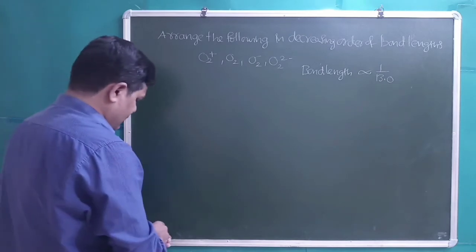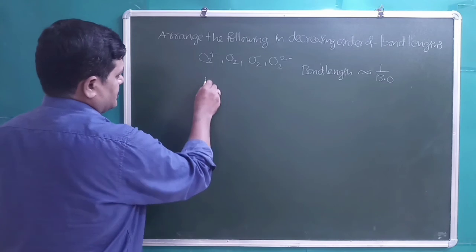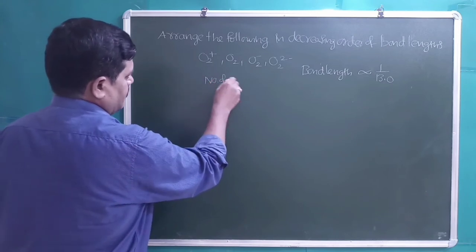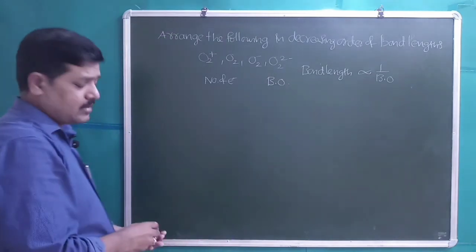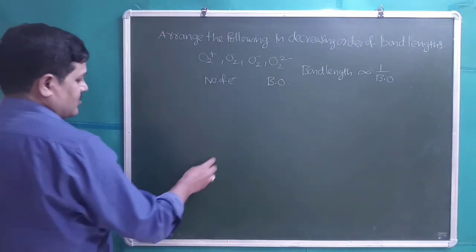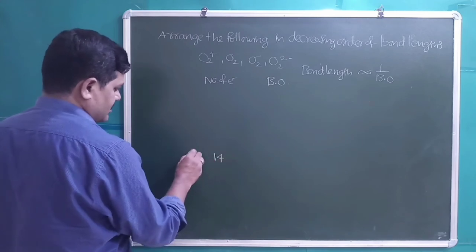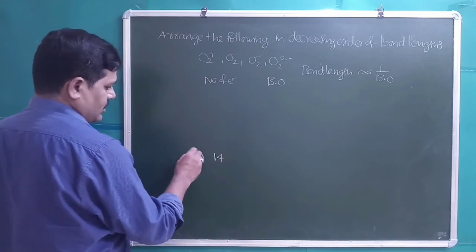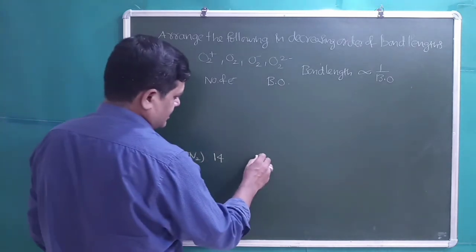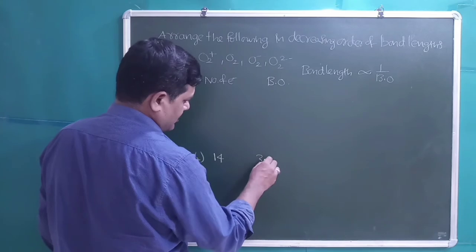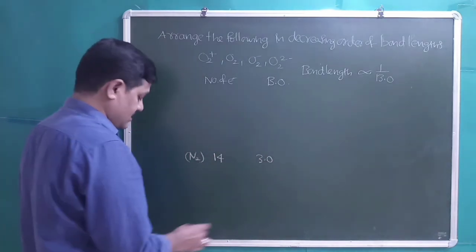Students, we need to memorize this table of number of electrons and bond order. 14 electrons we can easily memorize, because 14 electrons is the N2 molecule. In N2 there is a triple bond, so the bond order is 3 for this molecule. 14 electron species have bond order 3.